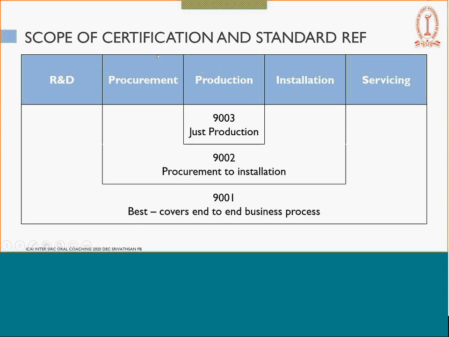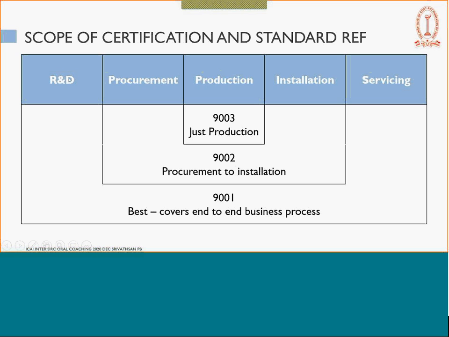Right before we get into the problems, remember the 9001, 9002, 9003 certifications, different degrees or levels of certification, with their scope and standard references. So how to remember? First rank, second rank, third rank. First is the best.